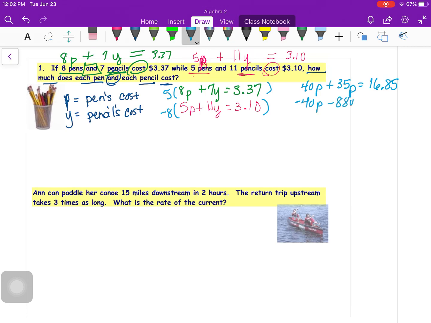Negative 40p minus 88y equals negative 2480. Now when I add them, my p's should drop. 35y plus negative 88y is negative 53y. 1685 plus negative 2480 is negative 795.